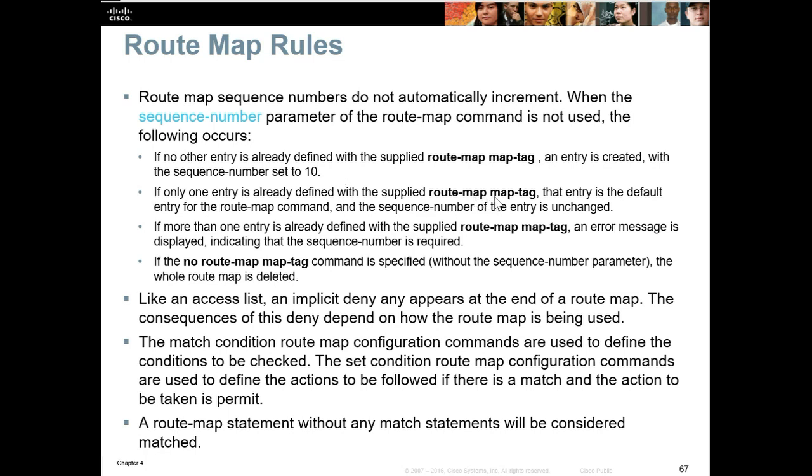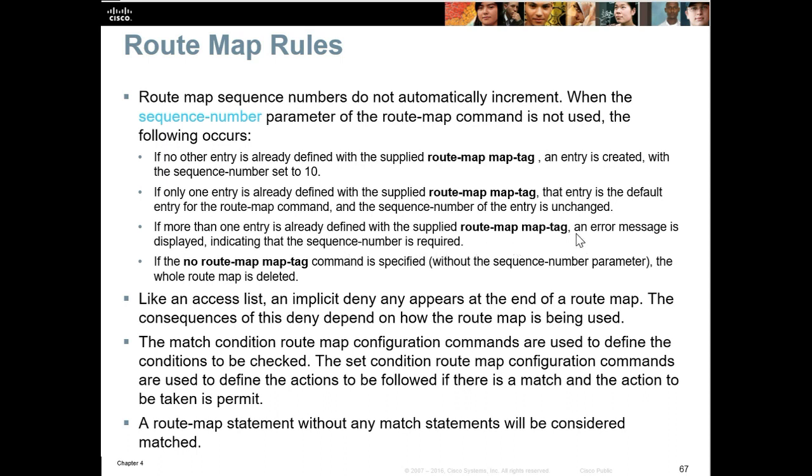Okay, so the beginning yang tadi tu will be 10 lah. Okay, if more than one entry is already defined with the supplied route map tag, an error message is displayed indicating that the sequence number is required.